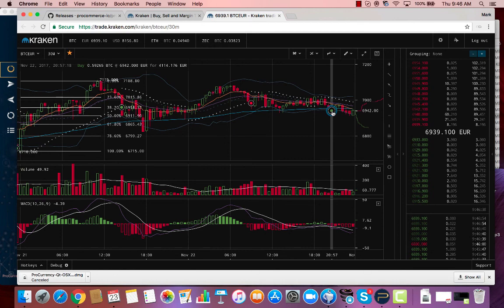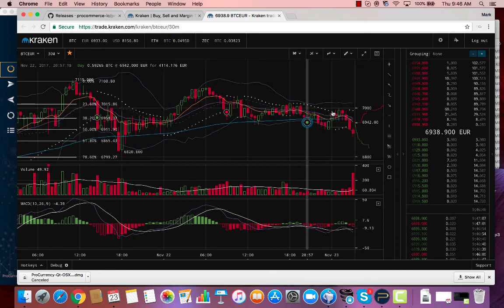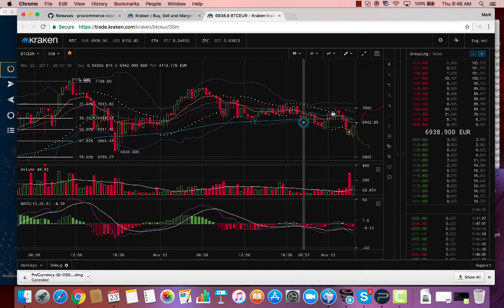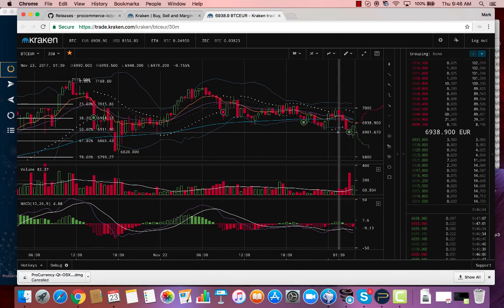If it does go all the way down and take my lower buy position, then I'm going to have two good positions. So there's my second buy position down here, just on the other side of the 50% Fibonacci.